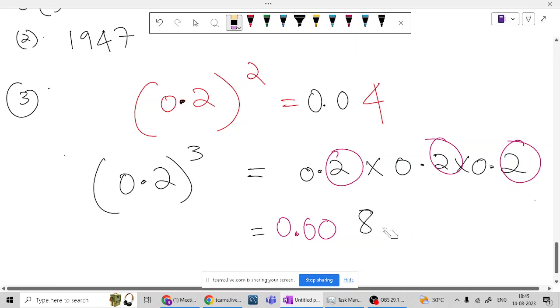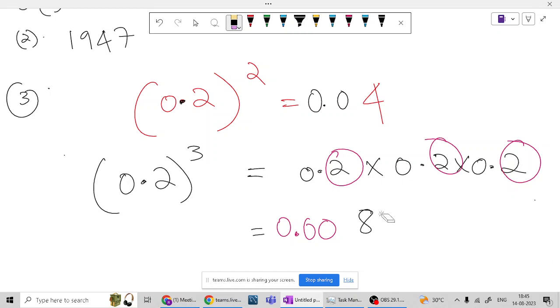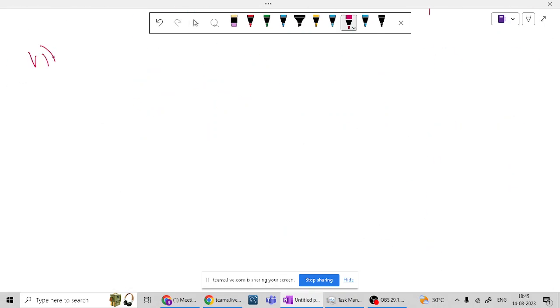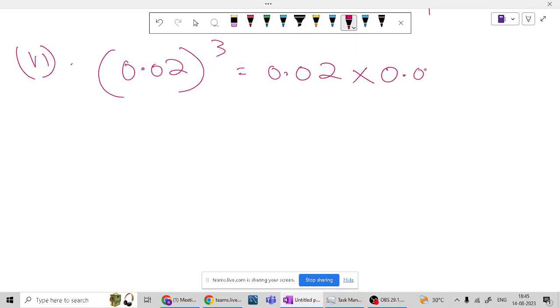Okay. In third main, we'll solve any one question. Which question shall we solve? Sixth question, sir. Okay, sixth question. Try the sixth one. 0.02. Find the cube of this. Let me see how many of you will answer this. Okay.